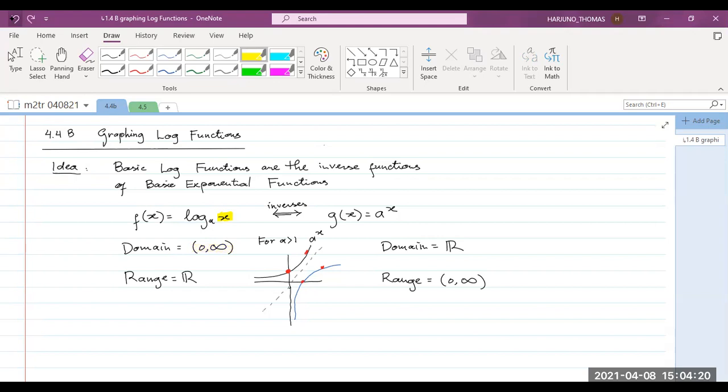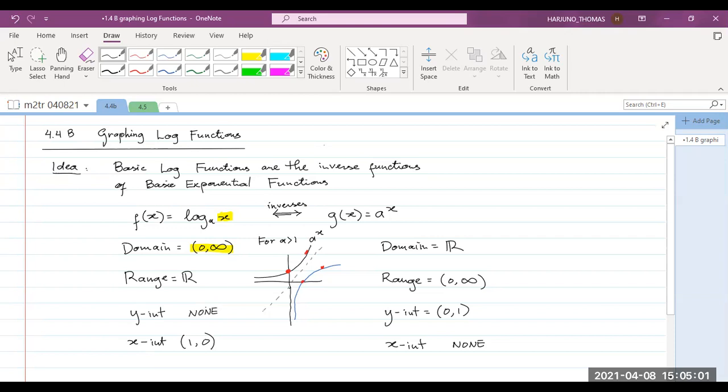Furthermore, in the exponential function, the y-intercept is (0, 1). In the logarithmic function, that y-intercept becomes the x-intercept. While the x-intercept in the exponential function, which is none, will give us the y-intercept, none, in the logarithmic function.